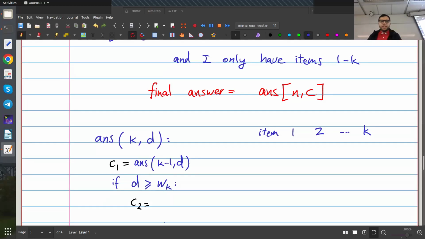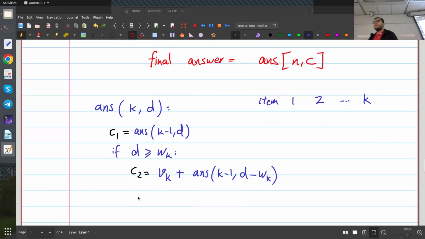Now, if I put item K into my knapsack, of course, I'm going to get the value of item K, right? So that's VK. But then I now have a smaller knapsack because item K took some of the space in my knapsack. But of course, I want to fill it out optimally. I want to make as much money as possible. So I'm going to have the answer of K minus 1, and now my capacity is D minus the weight of item K. Okay, so I find C1, I find C2.